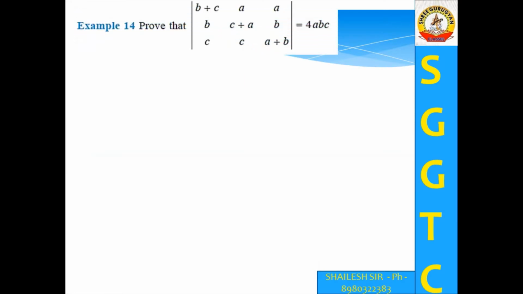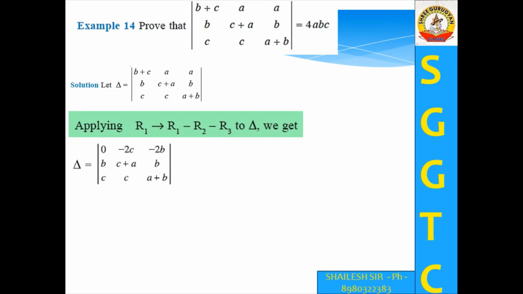Example 14. Example 14 is also an IMP sum, students. So before starting, this sum is in the list of IMP. Okay, so first of all, you think about representing zero, or try to take common. So I just apply taking common first of all.